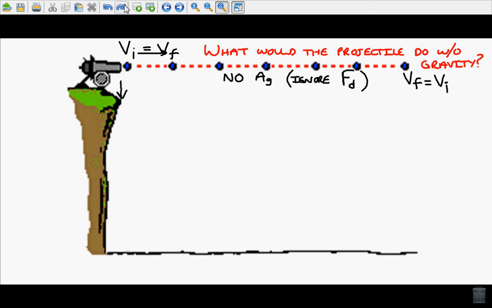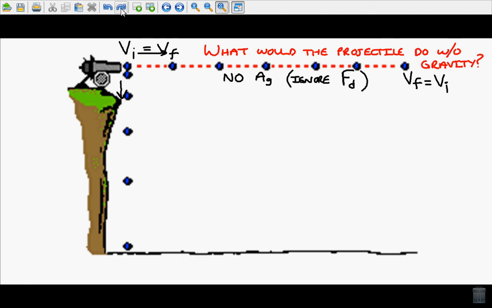Let's examine what's happening vertically. Ignoring the horizontal component, what is that cannonball doing vertically? Well, it's dropping. If we had just let it go and didn't launch it out of the cannon, it would have just dropped straight down.